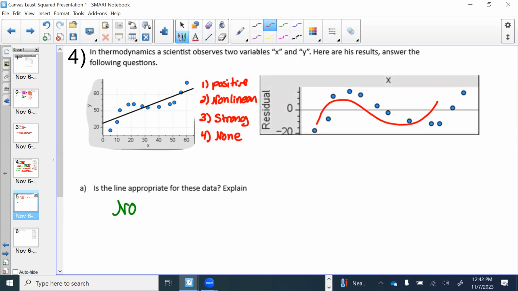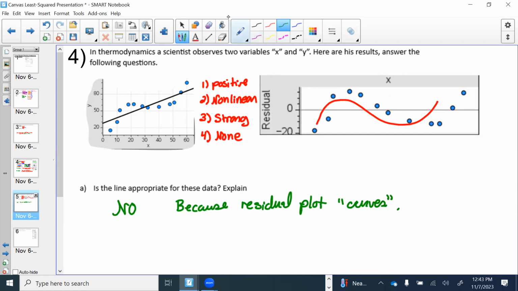When I answer, I can still answer some questions off the table, but whenever they ask me, I'm going to say it's not a good fit for analyzing, or I can't analyze because this data doesn't work. So again, this is not a good fit because the residual plot curves. It's not evenly distributed.